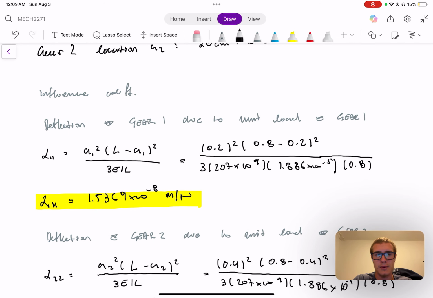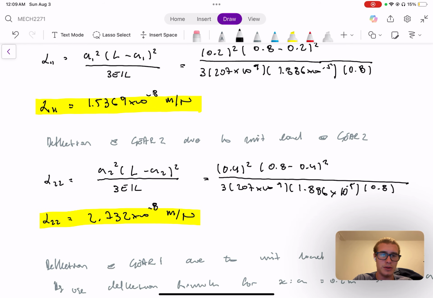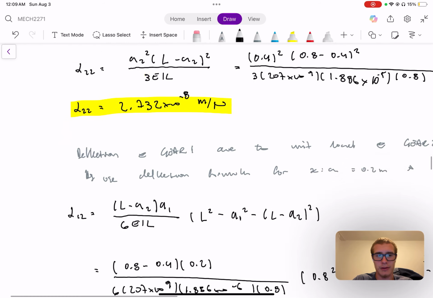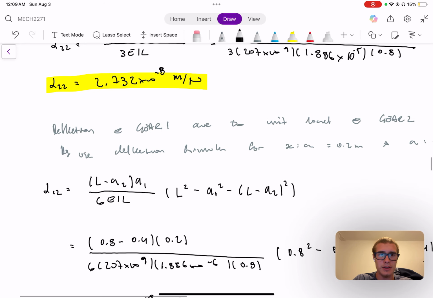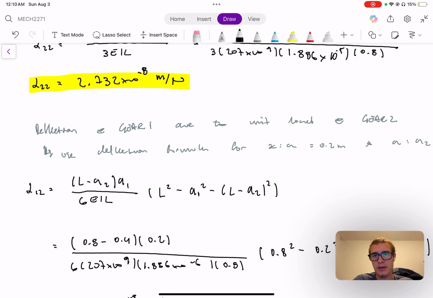This is the deflection of gear 1 due to the unit load at gear 1, and this is the deflection at gear 2 due to unit load at gear 2. So alpha 1 1 and alpha 2 2. These are going to be important values later. These are the deflection of gear 1 due to a unit load at gear 2.